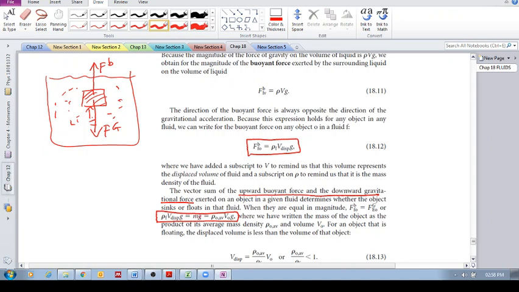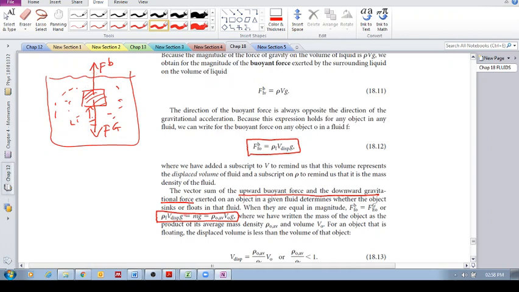This mass is the average density of the object multiplied by the volume of the object, multiplied by gravity. So if this upward force and this downward force are in balance, then the object is basically floating. Does that make sense? When these two are balanced, this object is floating.